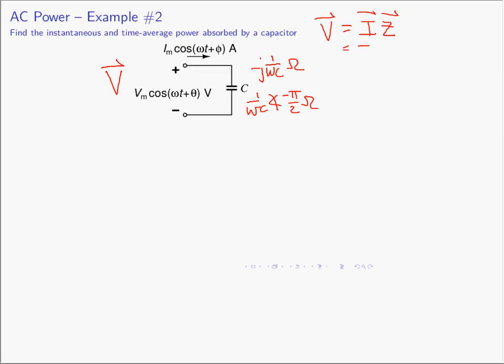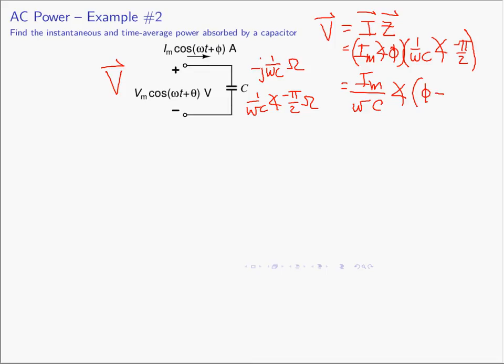Well, the current is Im angle phi, and our impedance of our capacitor is, I need the polar version, 1 over omega c angle minus pi over 2 radians, and that's ohms.